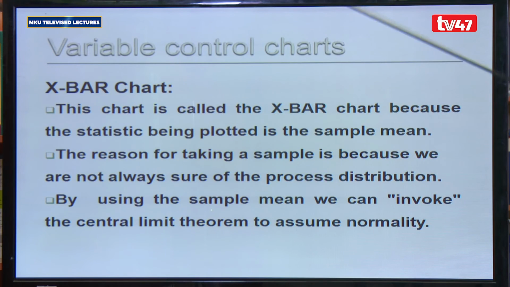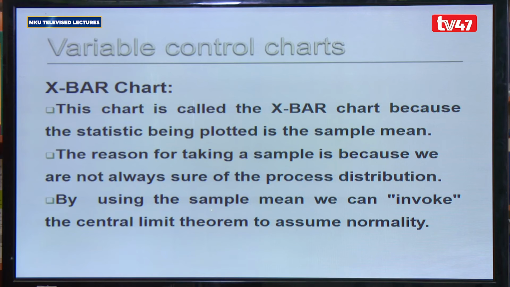So this is called the X bar because the statistic being plotted is the sample mean. So we have various samples obtained from the production process, and then we have the means of those statistics obtained. The reason for taking a sample is because we are not always sure of the distribution of the process.